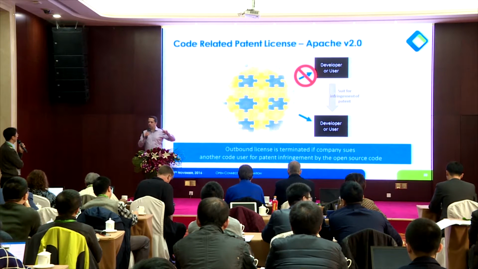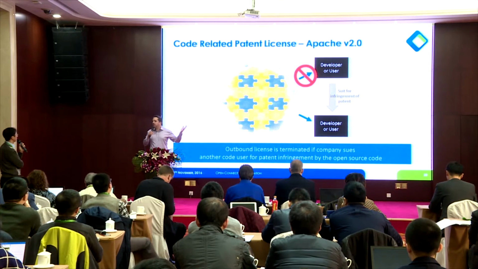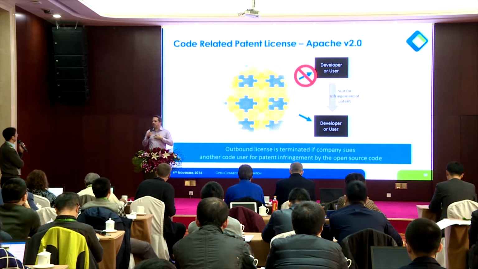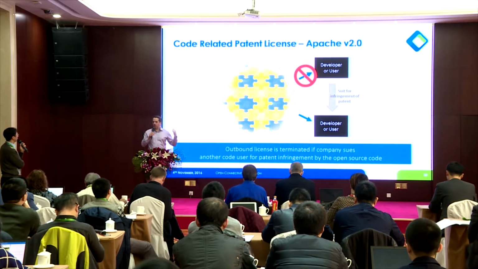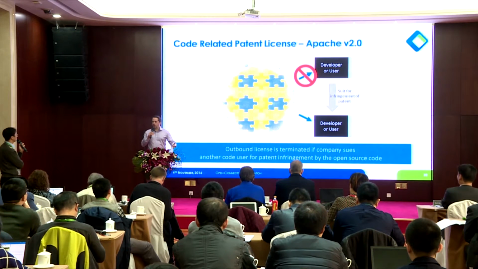If somebody isn't committing code and isn't using code, but they come along and say, I have a patent, sorry, we can't do anything about that. We also can't protect, in this scenario, from somebody who is committing code but not using code and claims that somebody else's code infringes on their patent.